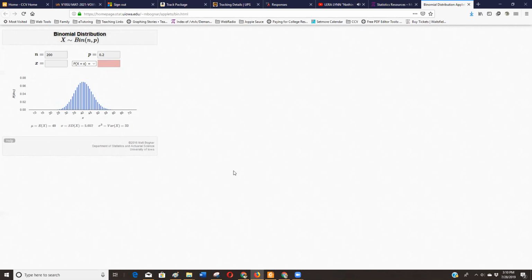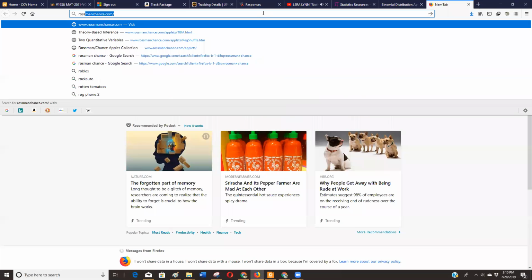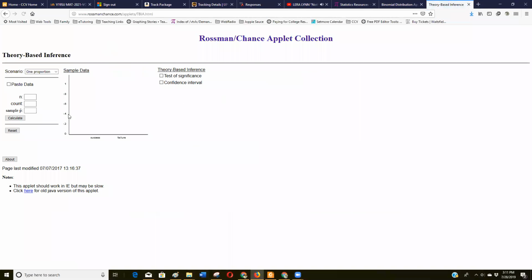Okay, so then you can calculate a z-score, find a critical value or whatever. I could also just use an applet here. Let me go to Rossmann-Chance theory-based. Here we go. So it's a one proportion.